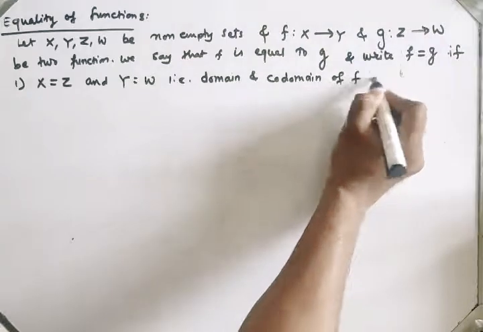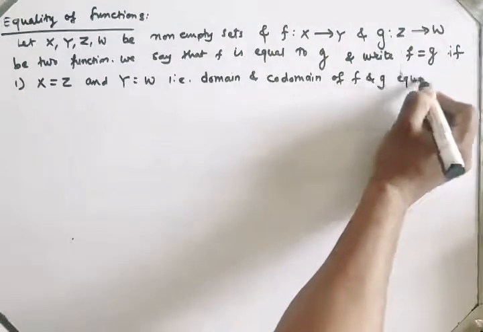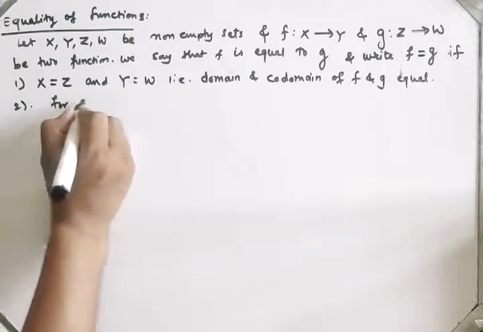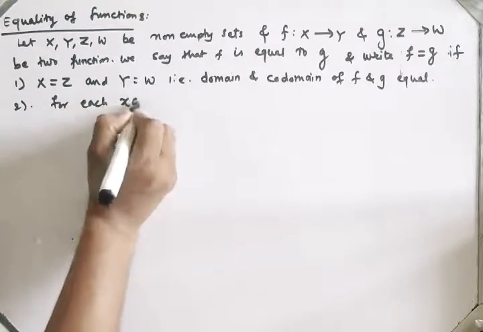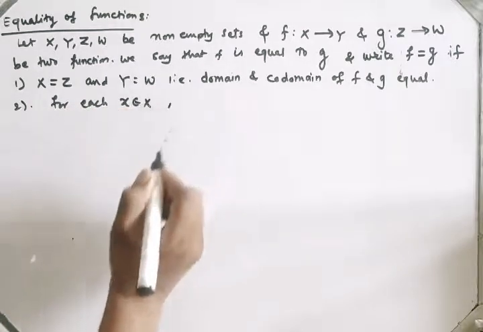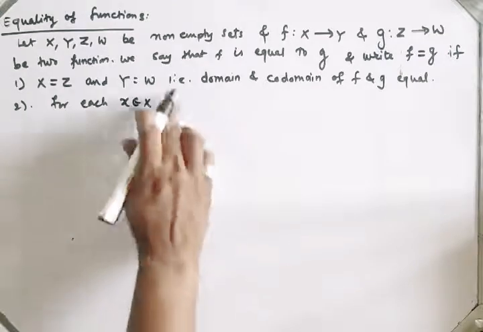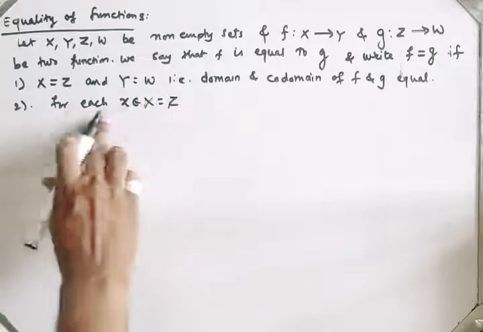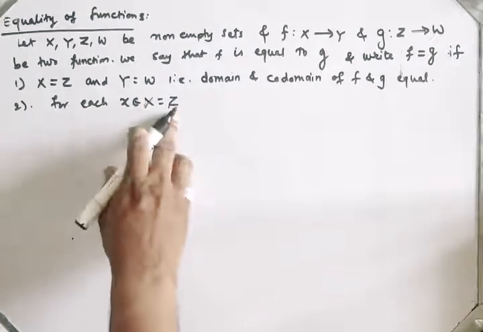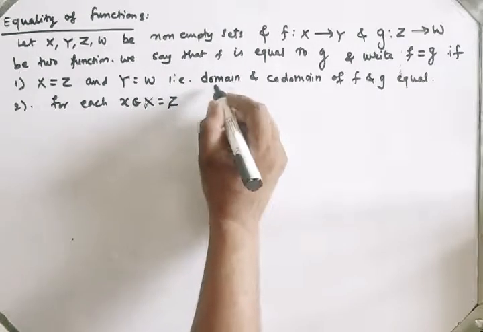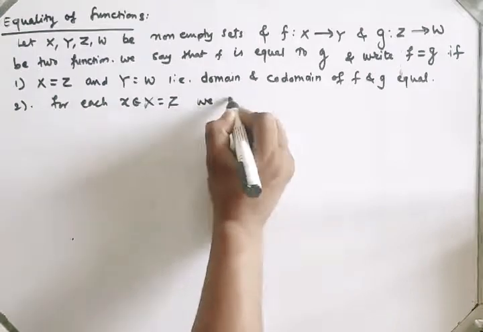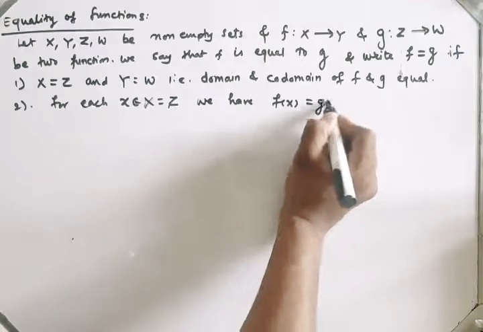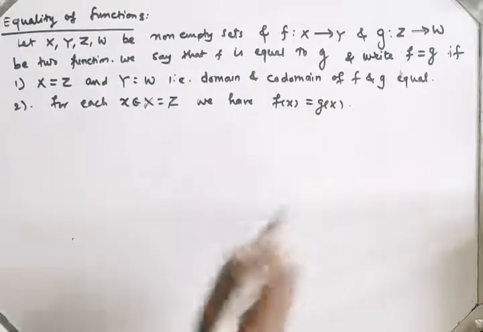And second condition, for each x belongs to X, and X is equal to Z, then we have f of x is equal to g of x.